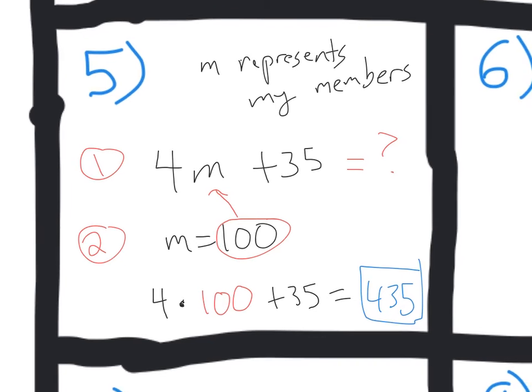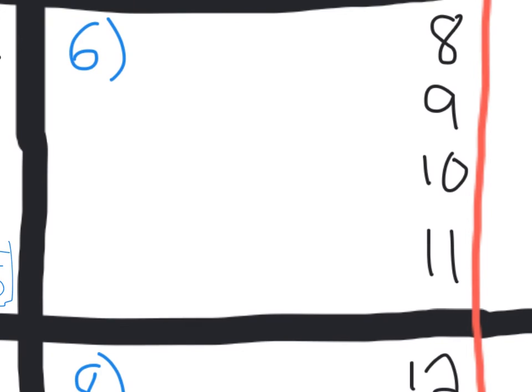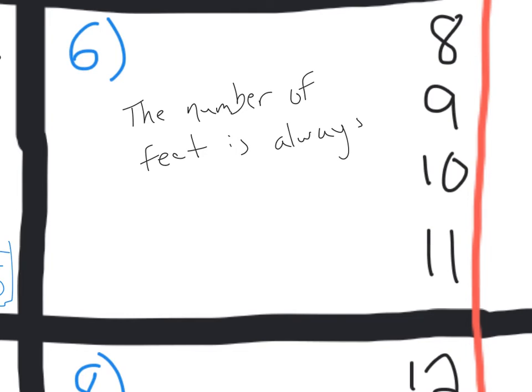All right, let's go down to number 6. It says Danny uses the table to help her convert measurements when she is sewing. Describe the relationship between the number of feet and the number of yards. So here you can write something like the number of feet is always 3 times the number of yards.